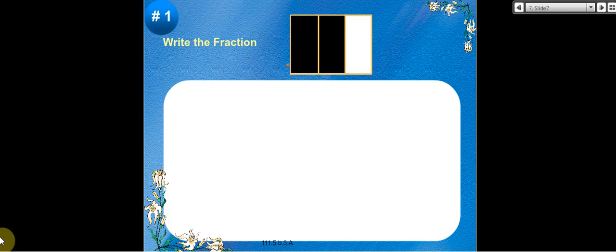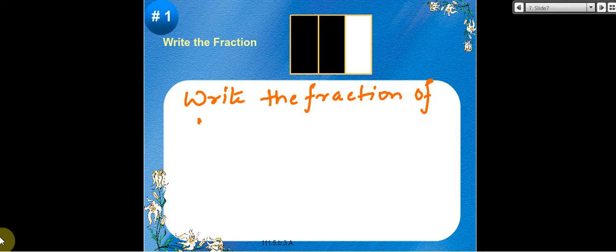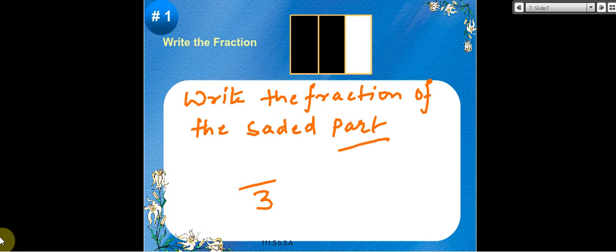Write the fraction of the shaded part. We have 3 parts, out of which the shaded parts are 2.